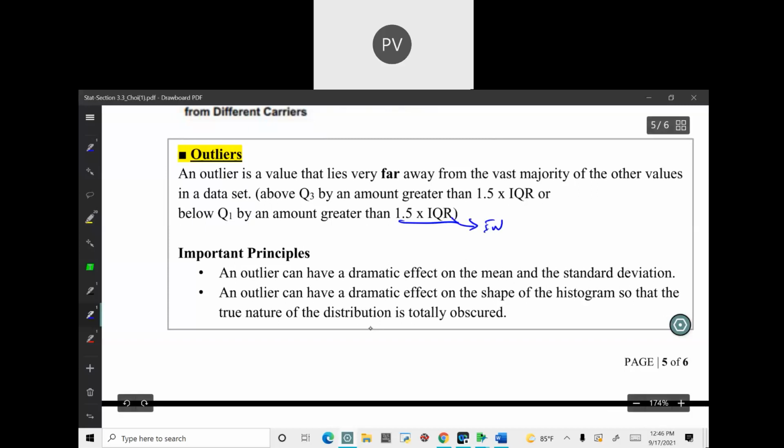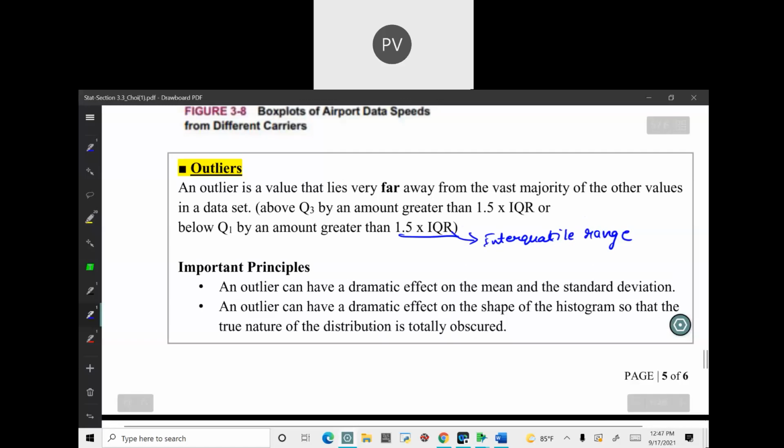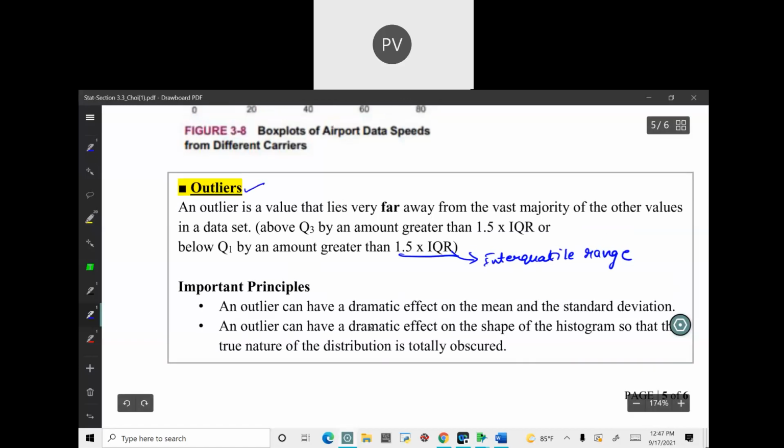It is nothing but the interquartile range. Now you know the definition of outlier, right? It is just the value which lies far away from the other data, extreme values. Now how can we find that? We can find that by using this formula.